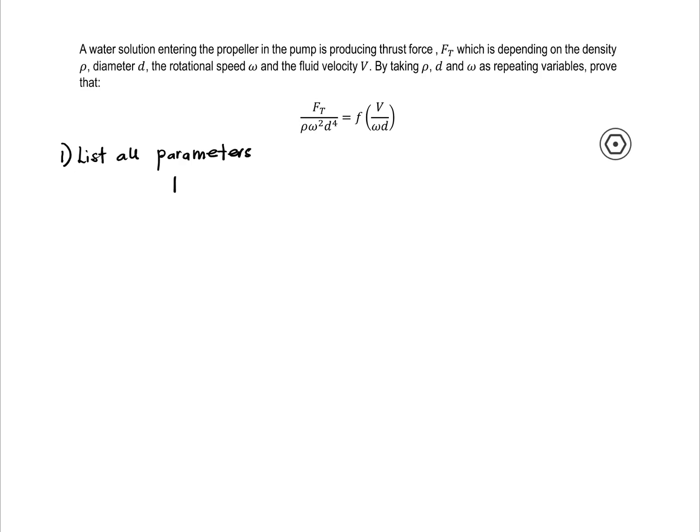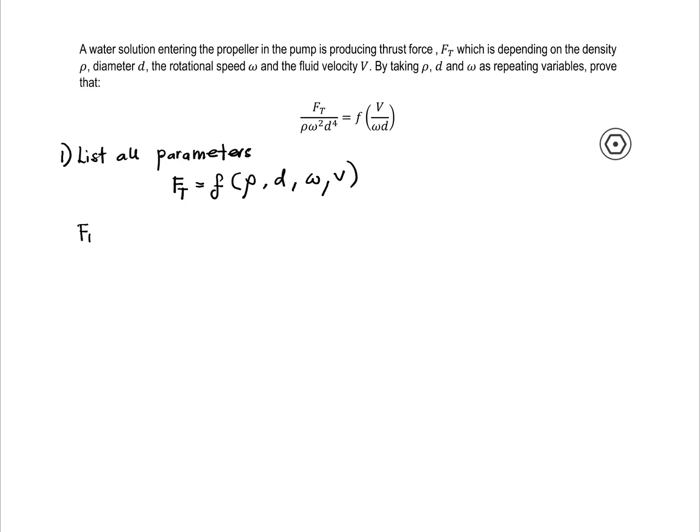So we have thrust force as a function of density, diameter, rotational speed, and velocity. Next, you have to come out with each of these units.